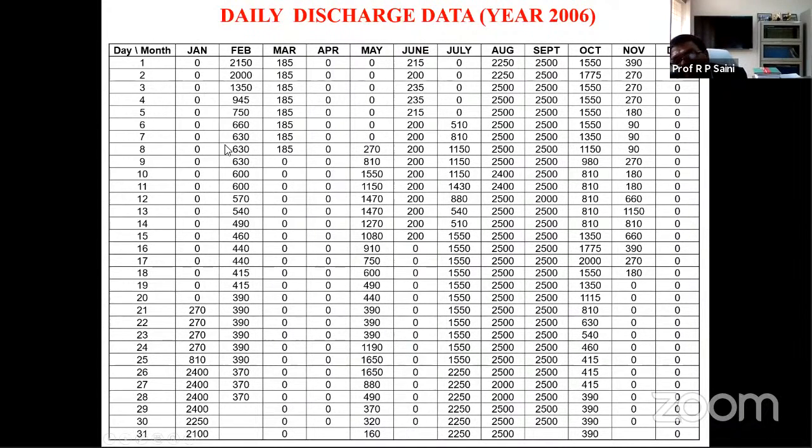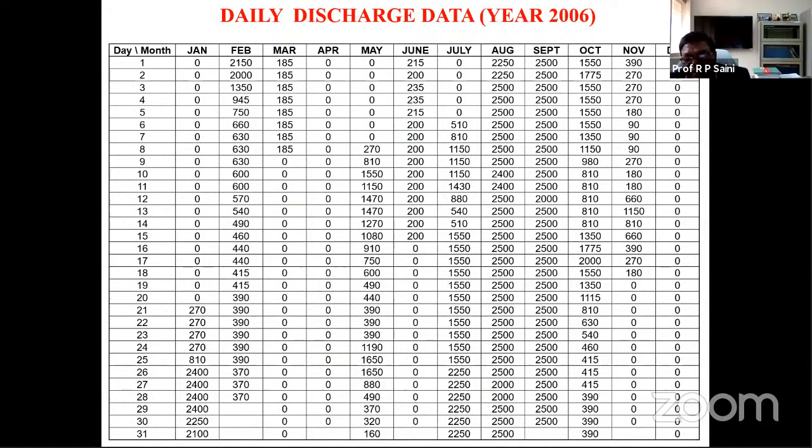Now, again, you will ask how you will measure the discharge. There are so many techniques, even the simplest techniques are available. If you are familiar with the weir, the V notch, rectangular notch, or trapezoidal notch, you might have studied these. That is a very simple and fantastic instrument.